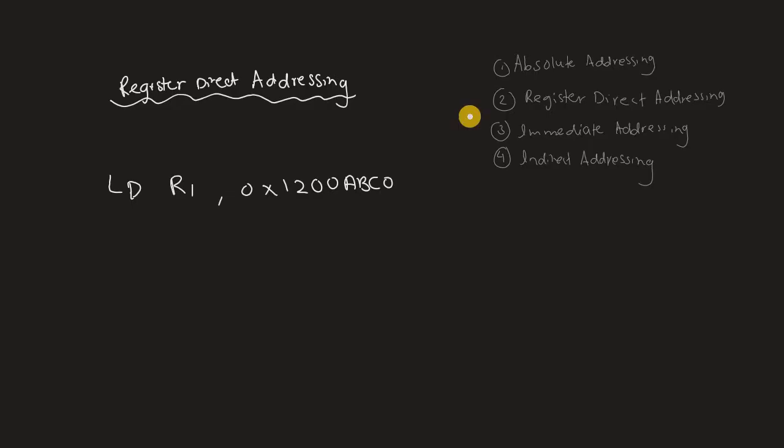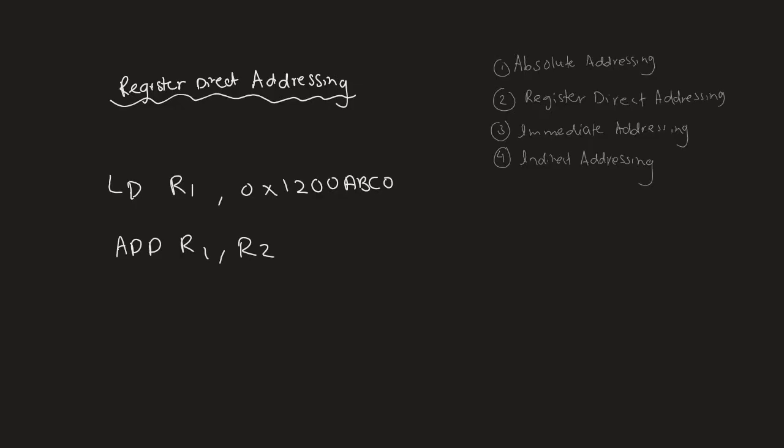Okay, so another example of register direct addressing would be something like add R1 R2. So you have two registers.